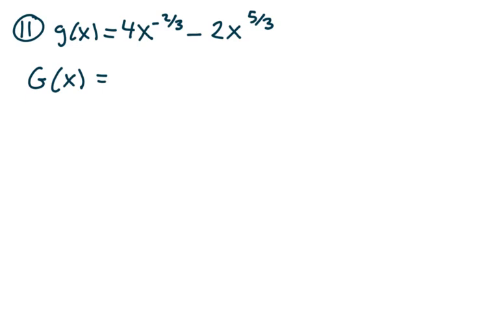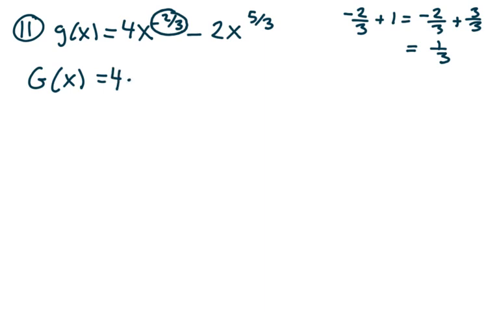Now, let's do a couple of calculations here. Remember that negative 2/3 plus 1 is negative 2/3 plus 3/3, which is equal to 1/3. So remember here, n is equal to negative 2/3. So when I add 1, I get 1/3.